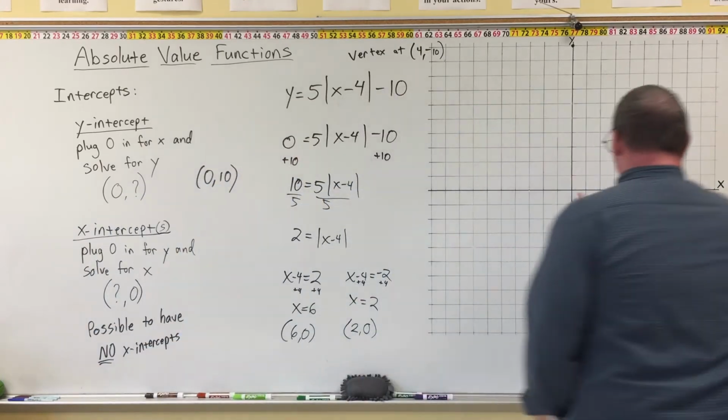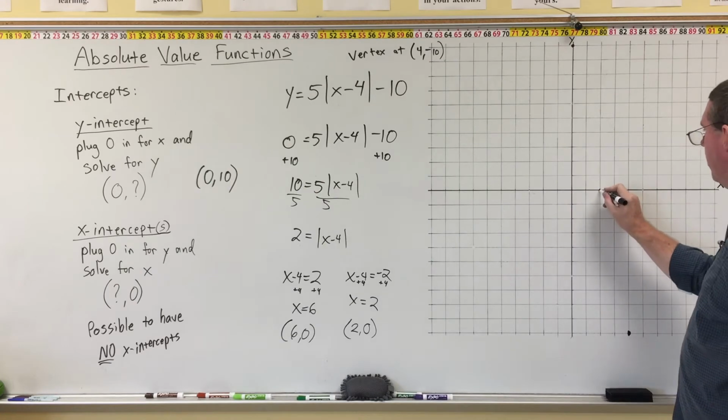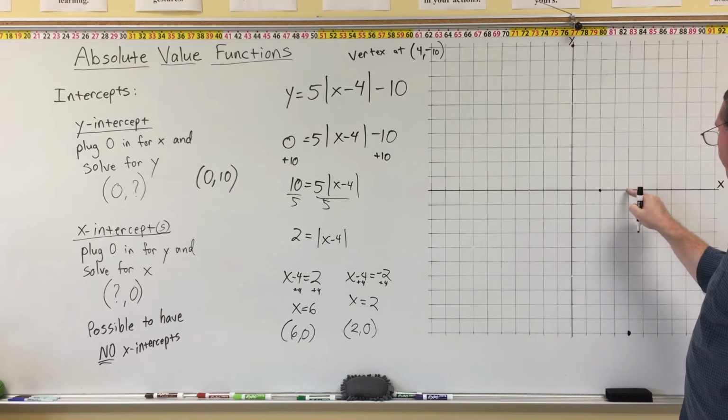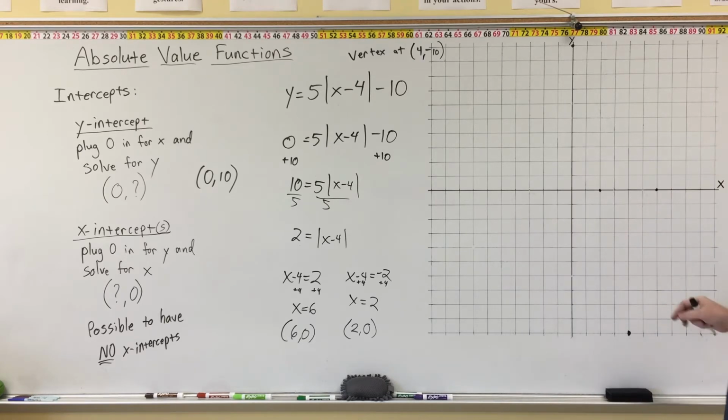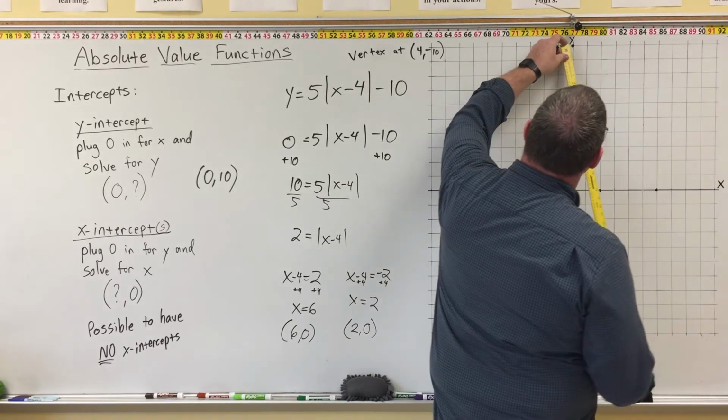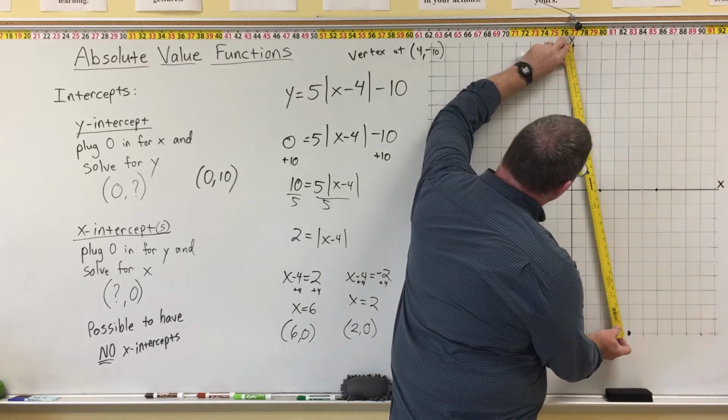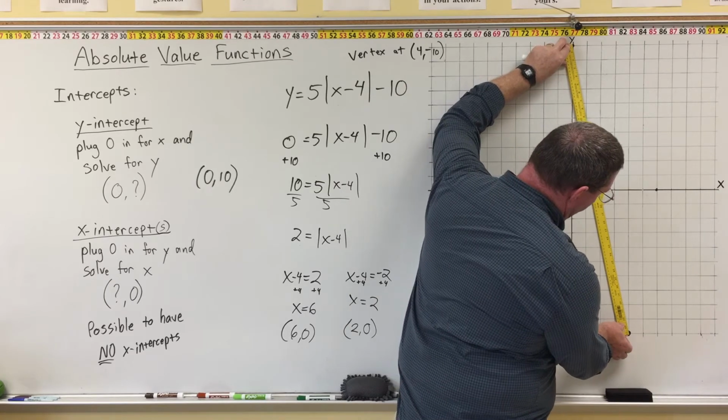And here's 2, 0. From here, 1, 2, and 0. And then 1, 2, 3, 4, 5, 6. There's 6, 0. And so, if you can imagine this, I know now that the graph of this function is going to pass through. It's going to go from this y-intercept through that point right there and to the vertex.